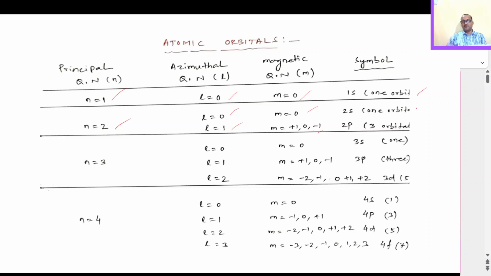So it represents two things. This becomes the 2s orbital and this becomes the 2p orbital. So you have only one 2s orbital, and based upon the m values -1, 0, +1, you have three types of 2p orbital. Similarly, you can have n equal to 3 and 4 with different orbitals.